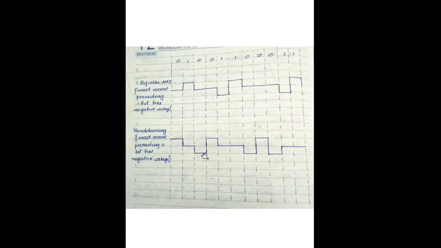The next 0 is represented as negative because the previous 0 was represented as positive. The next successive 0 is represented as positive, the 1 is represented as the line level, and the next 0 is negative, and so on. Both these techniques are simpler compared to the other techniques.